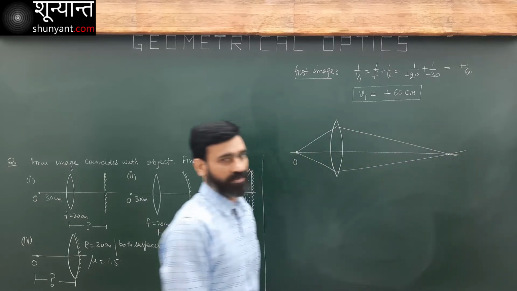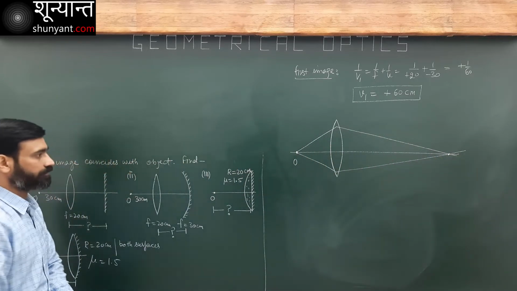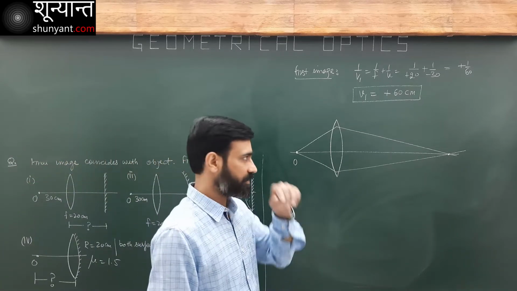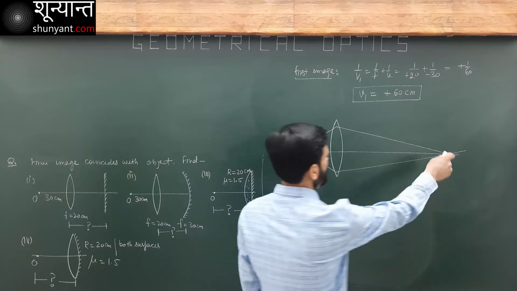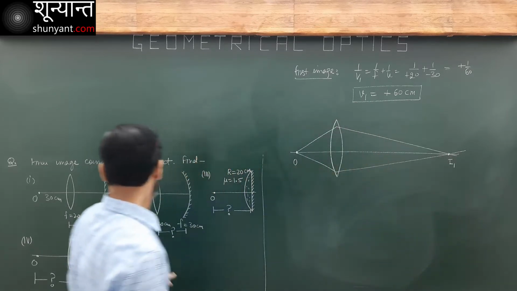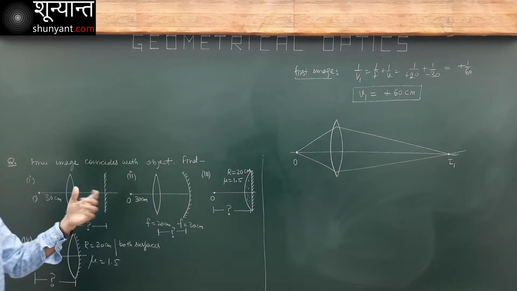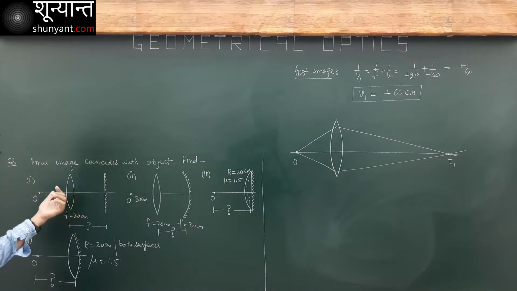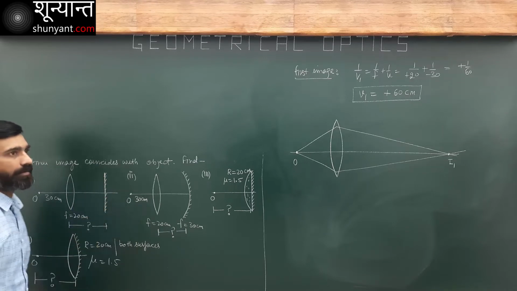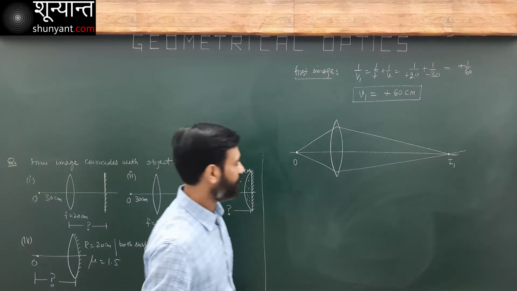You understand this? Now, for the first image, I want my image to coincide with the object using this plane mirror.